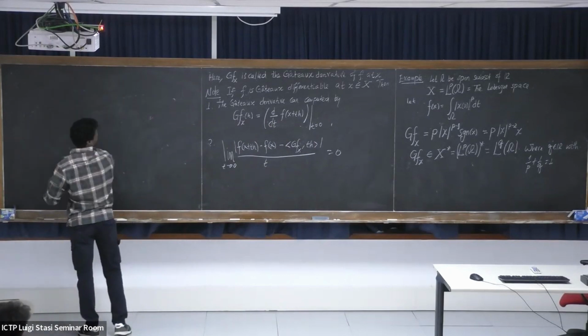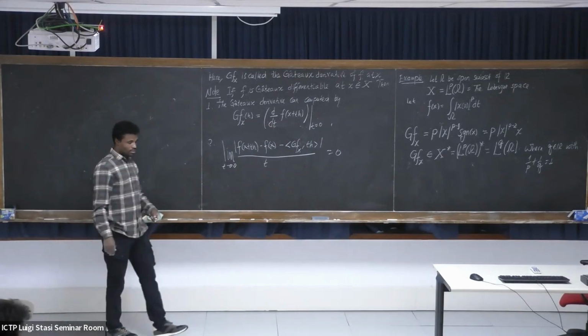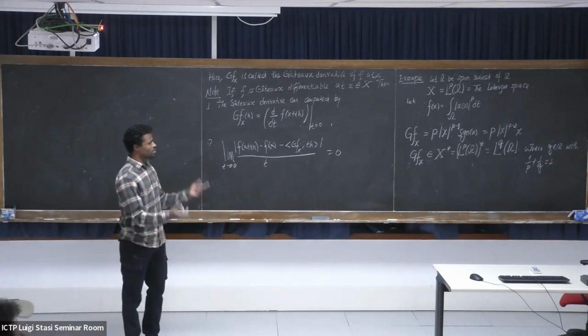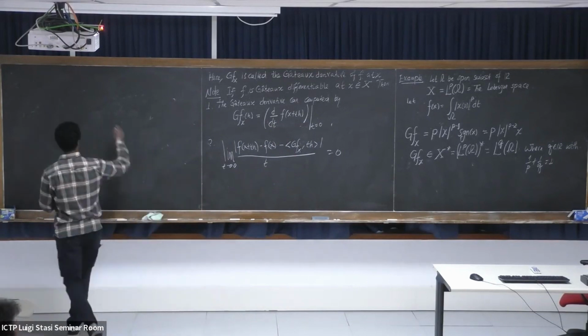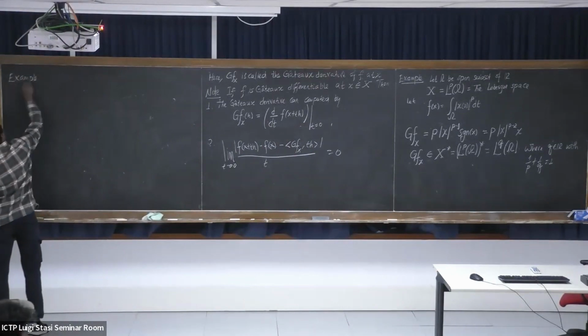The Gateaux derivative, the directional derivative of x might exist, but it might not be Gateaux differentiable. The obvious example is this.